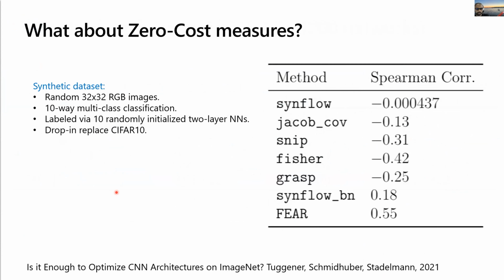And so we generated this 32 by 32 data set of random RGB images, which is basically like a drop-in for CIFAR-10, but generated from a Gaussian distribution, and then just did 10-way multi-class classification, where each image was labeled via randomly initialized two-layer neural networks, and you just take the argmax, whichever neural network had the biggest score, you assign it that label, right?